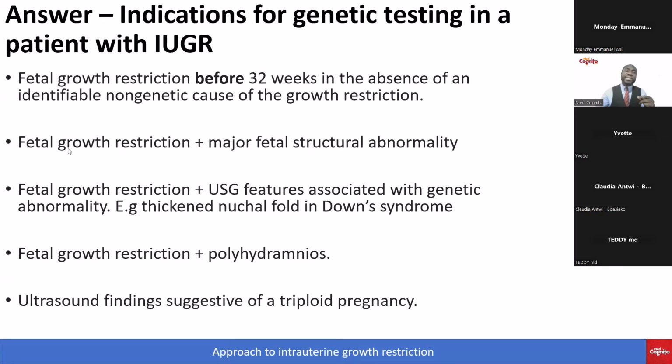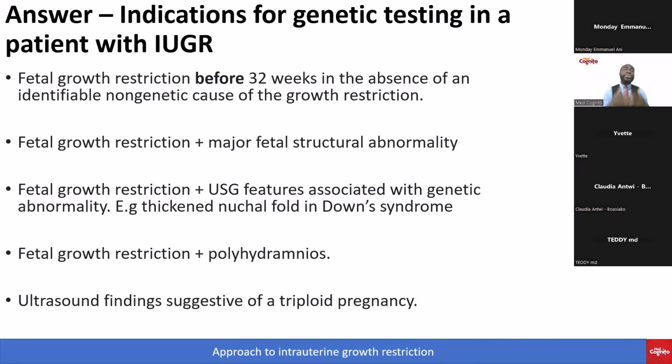Number two, if there's IUGR plus major fetal structural abnormality, so these patients we talked about, skeletal dysplasia, omphalocele, gastroschisis, IUGR with congenital heart disease, you want to do genetic testing. Number three, IUGR plus ultrasound features associated with genetic abnormality, like a thickened nuchal fold in Down syndrome.